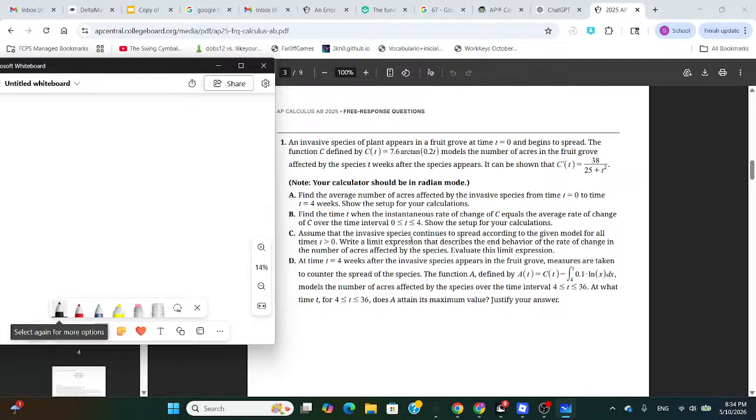Assume that the invasive species continue to spread according to the given model for all times t greater than 0. Write a limit expression that describes the end behavior of the rate of change in the number of acres affected by the species. Limit as x approaches infinity.